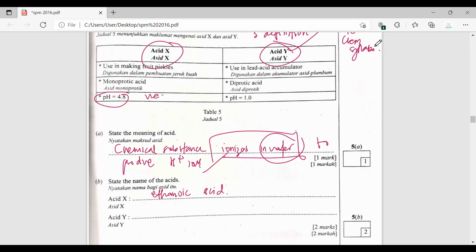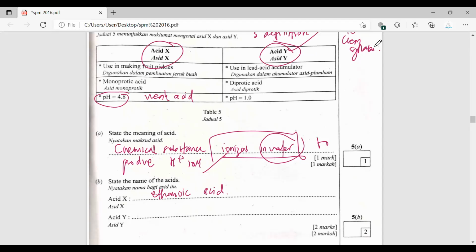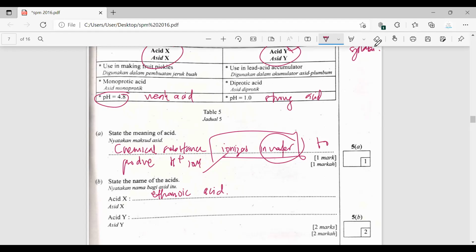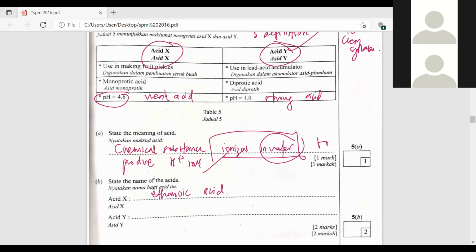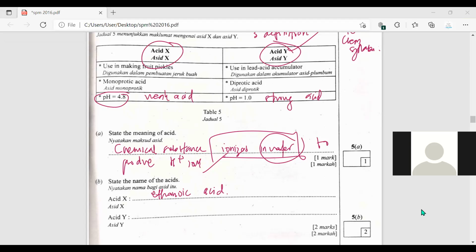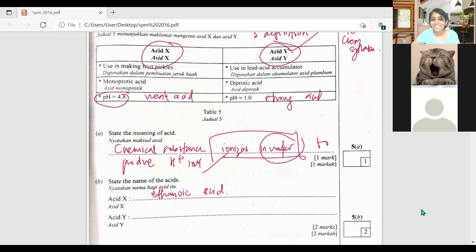Very good. So I told you my style. I will always write down things here first. So it's a strong acid here. Diprotic, you and I only know one diprotic in this entire world. What's that diprotic acid? Is it H2SO4?